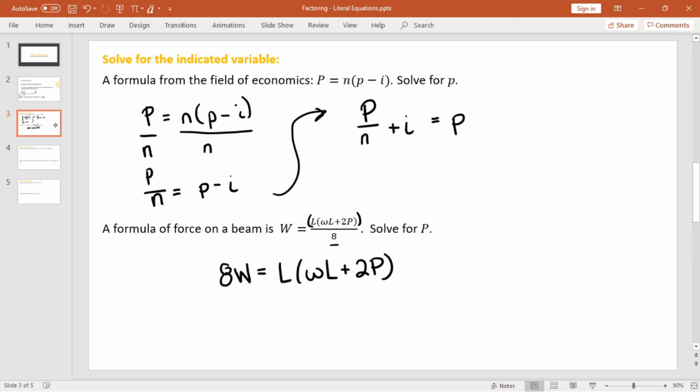Now let's divide out this big L. And there's often more than one way to go about these. Okay, I'm going to move the first term on the right side over with subtraction.